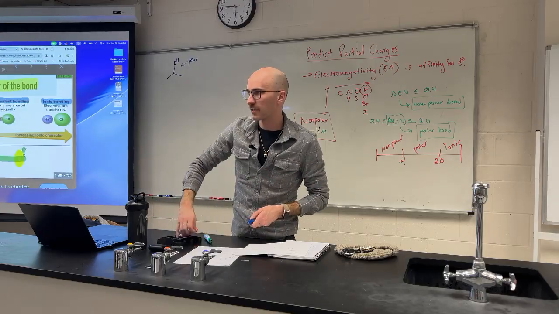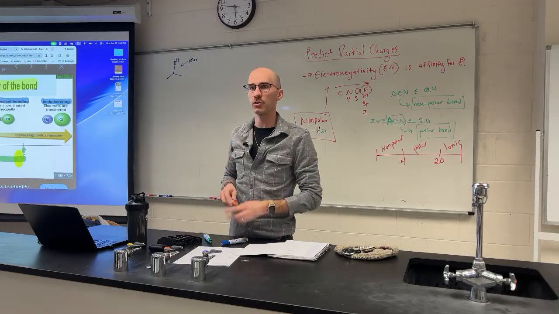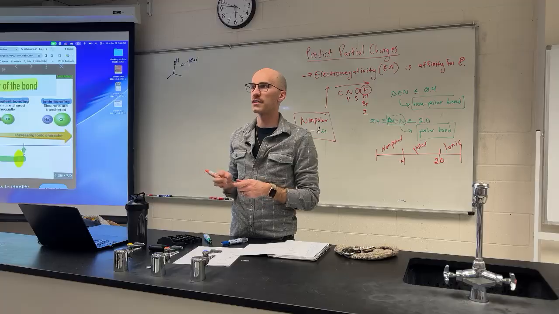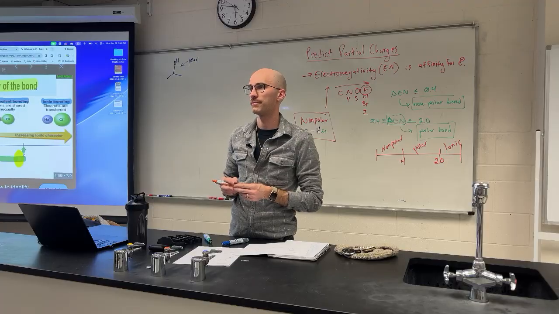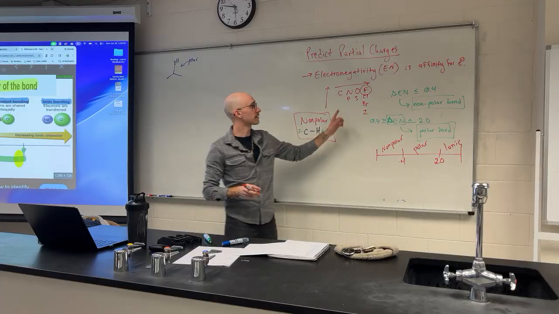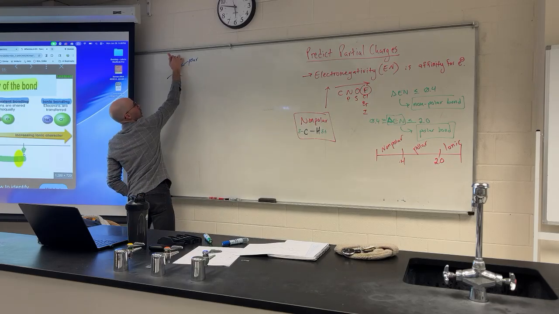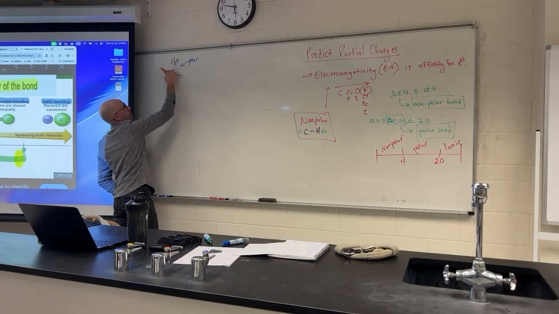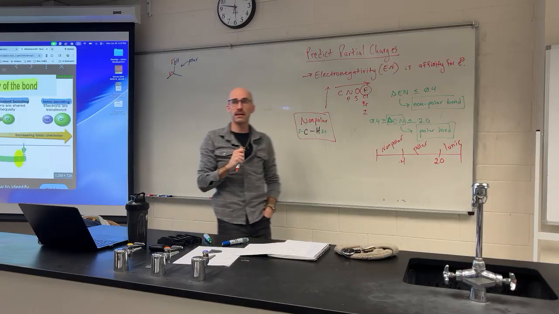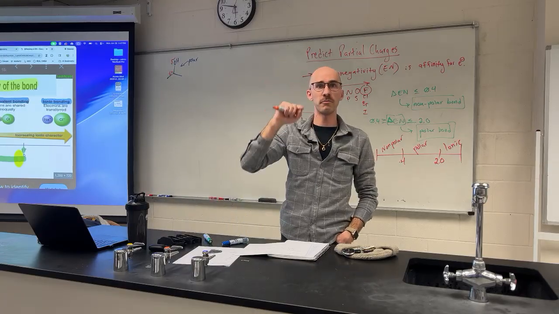How is the electronegativity distributed? How should I place those charges? Where is my partial negative? On oxygen, which is further to the right compared to carbon. More electronegative, less electronegative. Partial negative, partial positive.